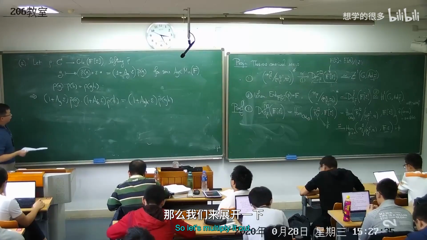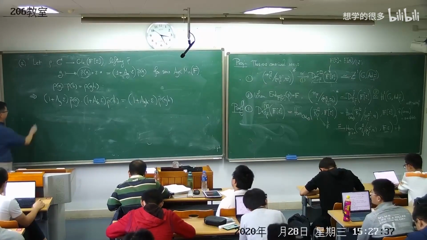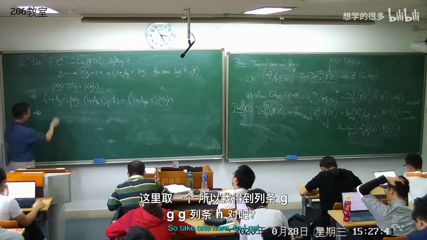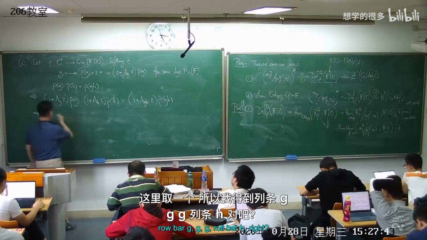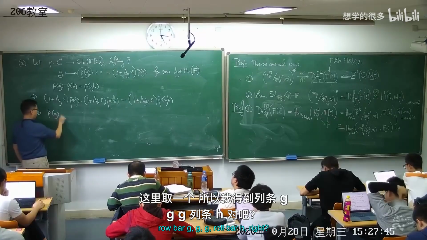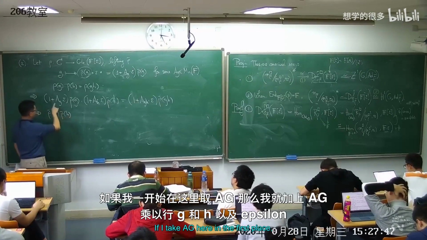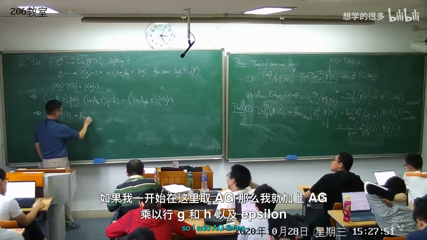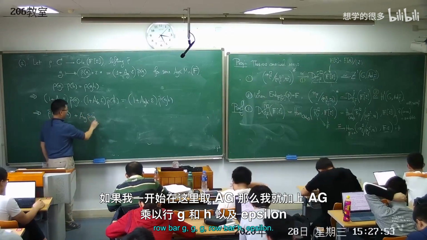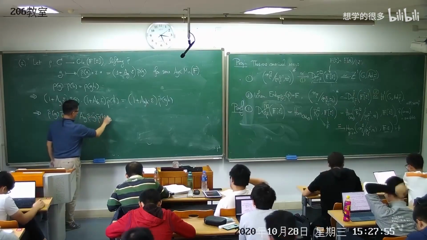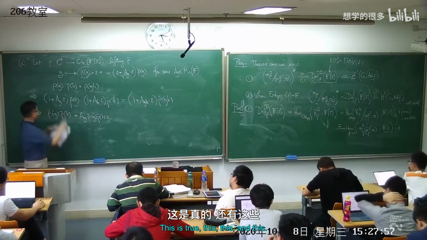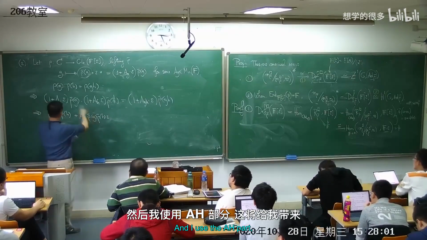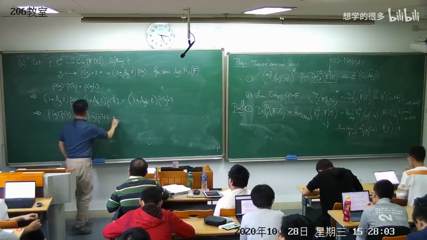Let's multiply it out, simple-minded. Take 1 here, so I get rho bar G rho bar H. If I take AG in the first place, I add AG epsilon times rho bar G rho bar H. Then I use the AH part, which gives rho bar G, AH, rho bar H epsilon.